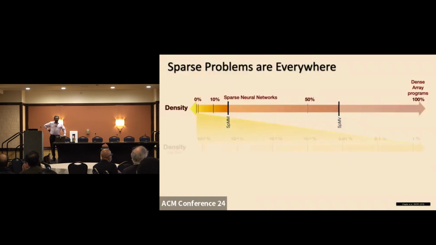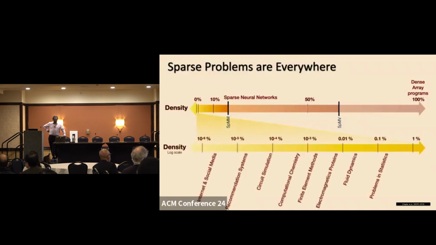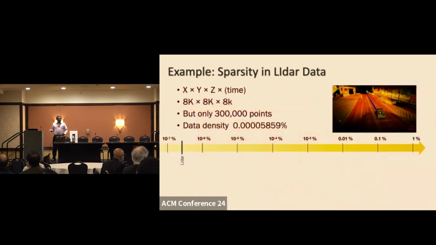But if you look at this ultra sparse area, there are a lot of interesting applications that have sparsity much larger than anything you see right now in machine learning type applications. Some of these things are crazy sparse. I will give you an example. LiDAR.